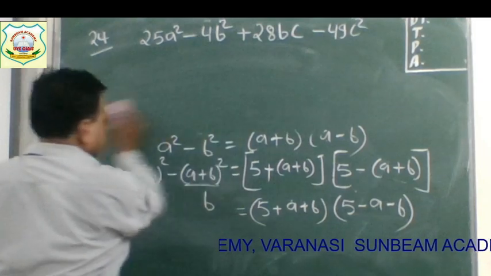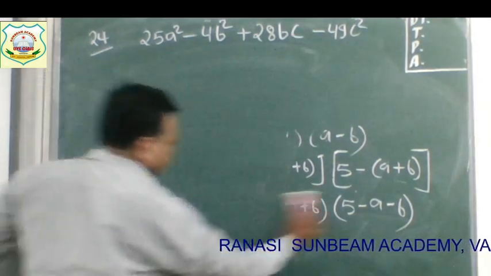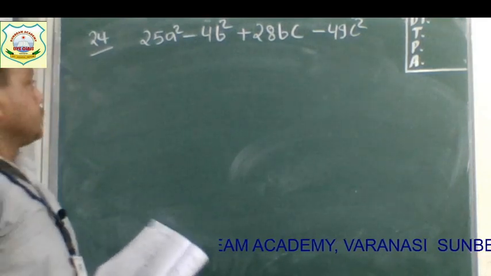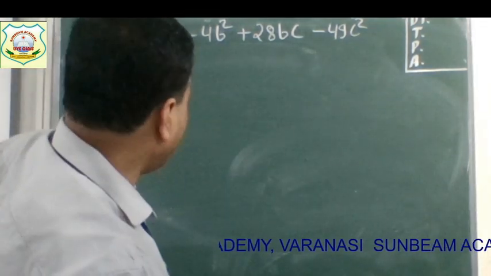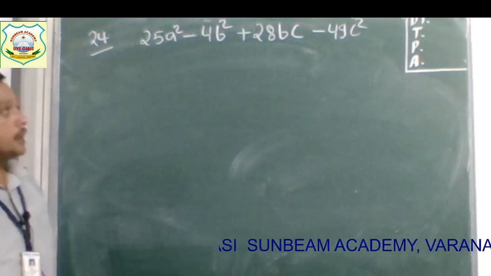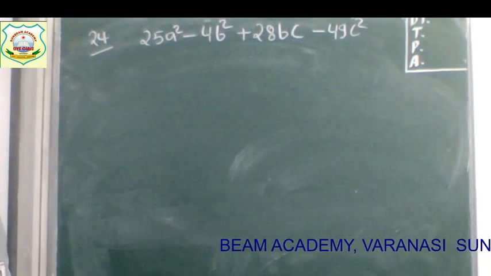Done everyone? Students, 25a square minus 4b square plus 28bc minus 49c square.